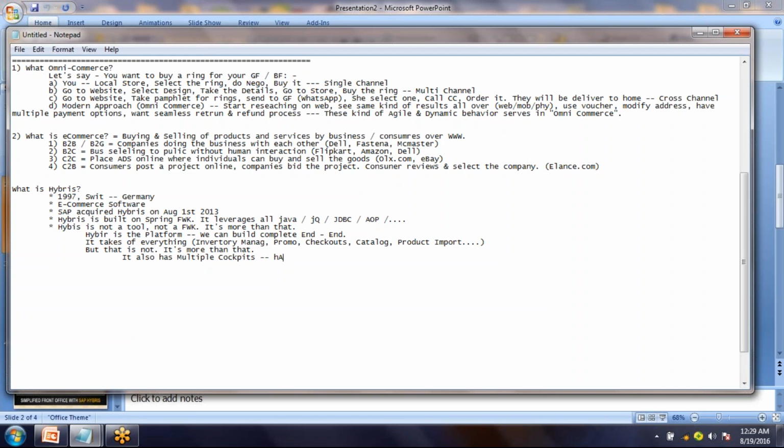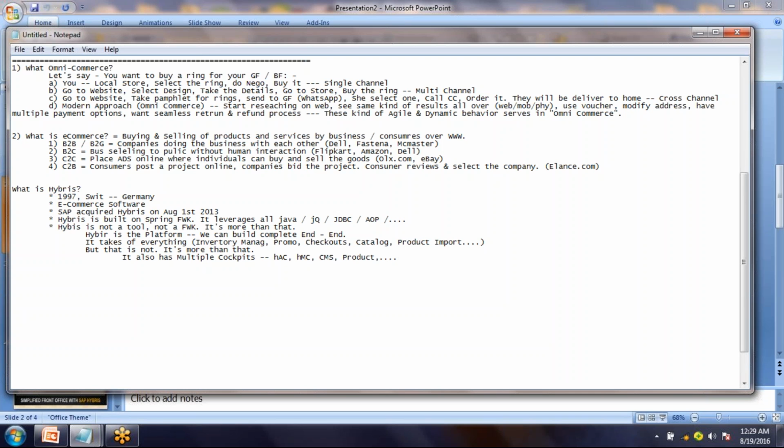We have so many cockpits like HAC, Hybris Administrative Console, HMC, Hybris Management Console, the Product Management Console, CMS Cockpit, then Product Cockpit.